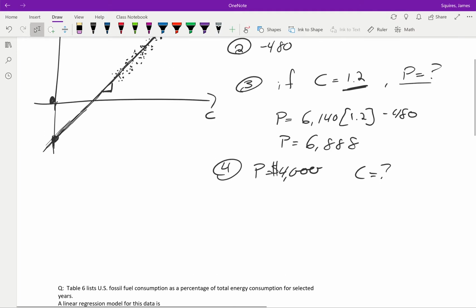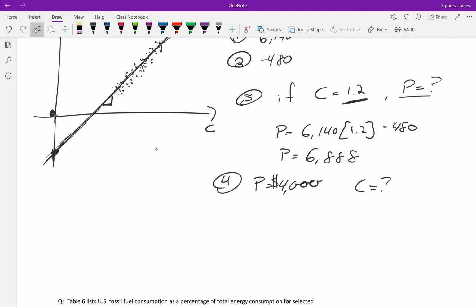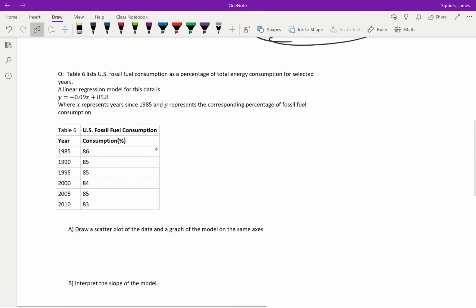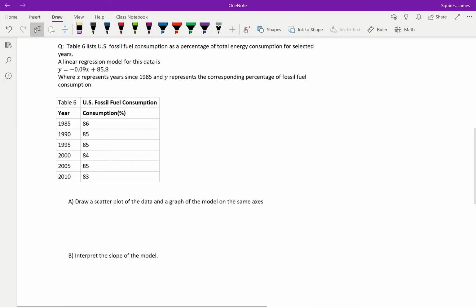So if we plug in 4,000 for P equals 6,140 times the carat size minus 480, we can solve for C, and we're going to get about 0.73. So we could expect to get a carat size of about 0.73. Alright, so let's look at this next question.